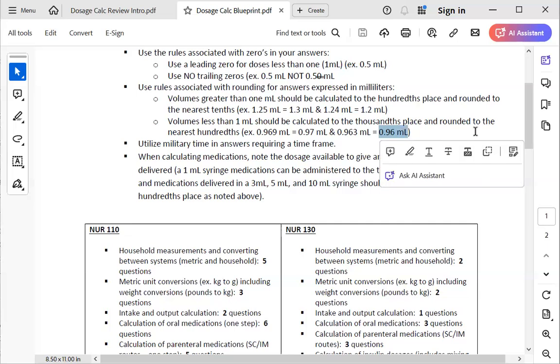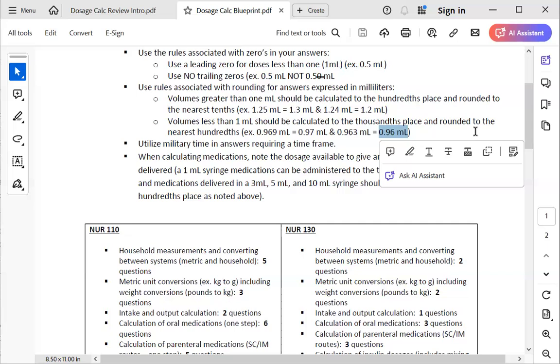But a more realistic situation is you're going to get an answer that says 0.25 milliliters. Leave that as your answer. Don't round that to 0.3. Leave it at 0.25. What they're asking for is if you have a volume less than 1 milliliter, they want to see it to the hundredths place.